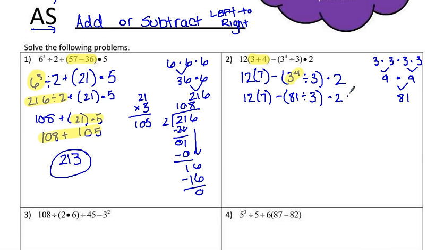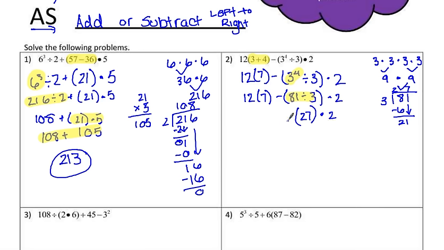Now I still have this grouping. I need to finish the division inside. 81 divided by 3 will give you 27. If you do 81 over here and you're dividing by 3, it goes in 2 times, subtract, you get 21, because you brought down the 1, and you got 7, so 27.